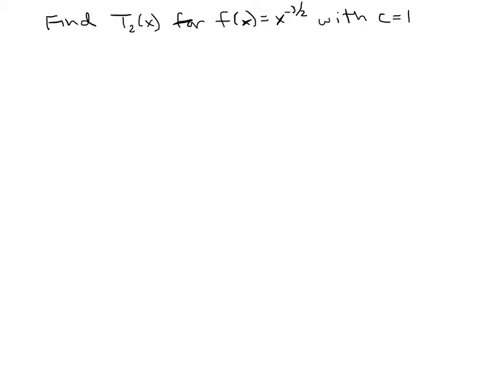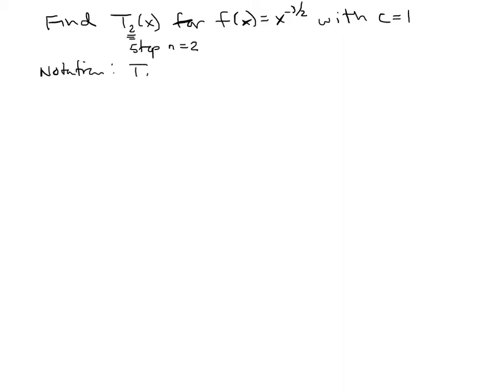So what t sub 2 of x means is that we are going to stop when n equals 2. So this is notation for the Taylor polynomial where it stops at n equals 2.